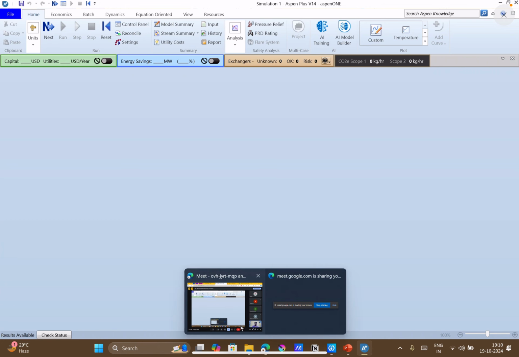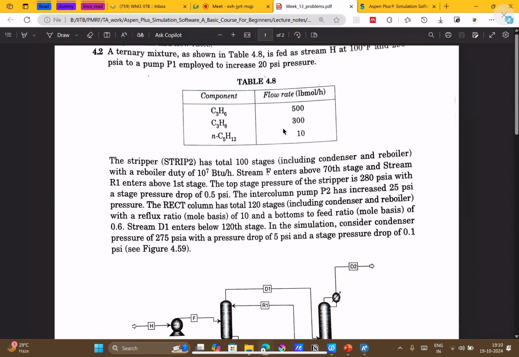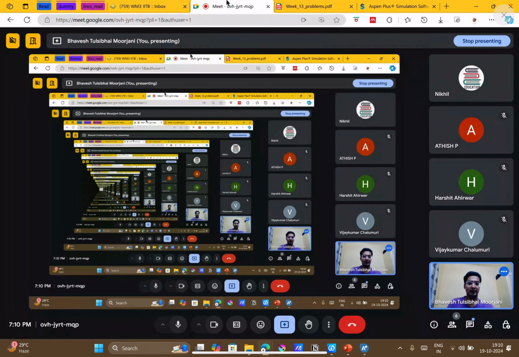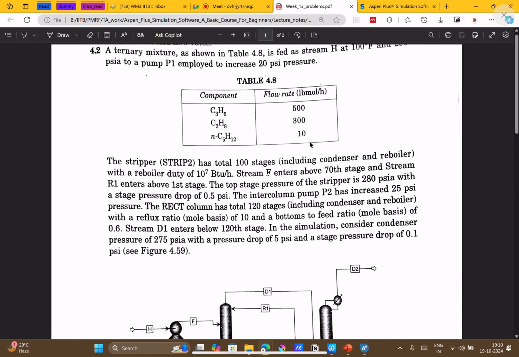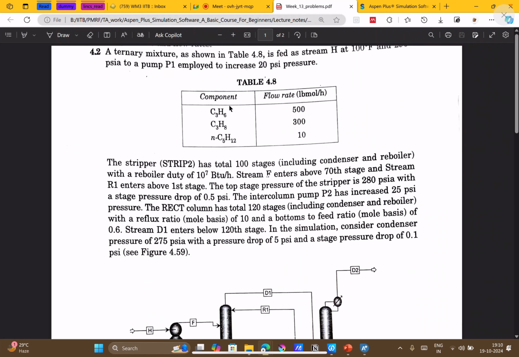So the next problem that I had selected is again on the separation process part, where we have a ternary mixture of propane, propylene and pentane. With a flow rate provided, and the feed is at 100 degrees centigrade.